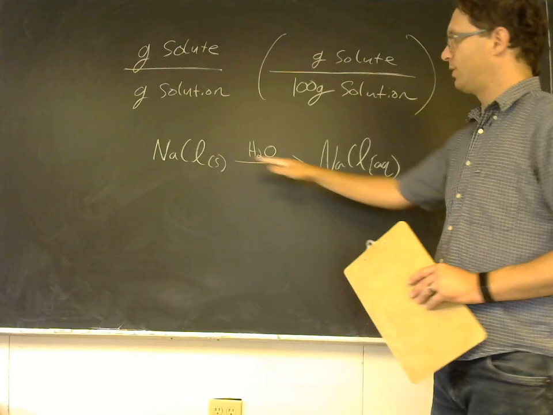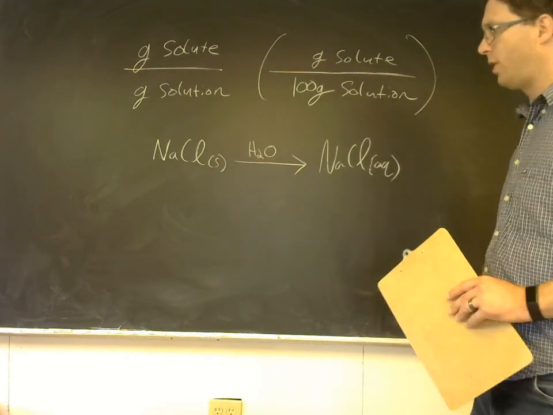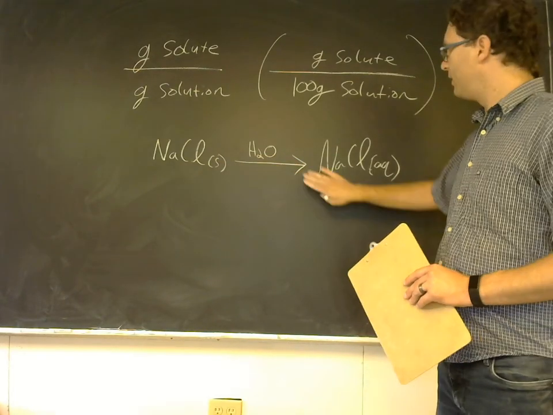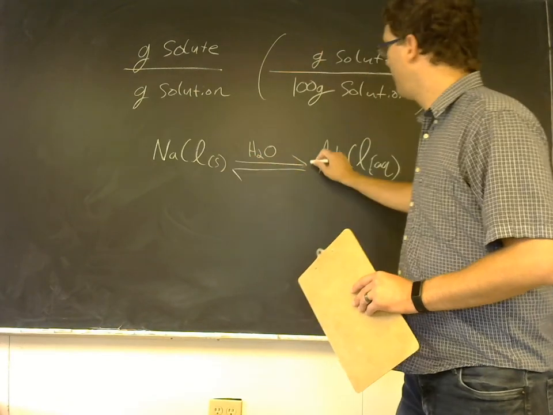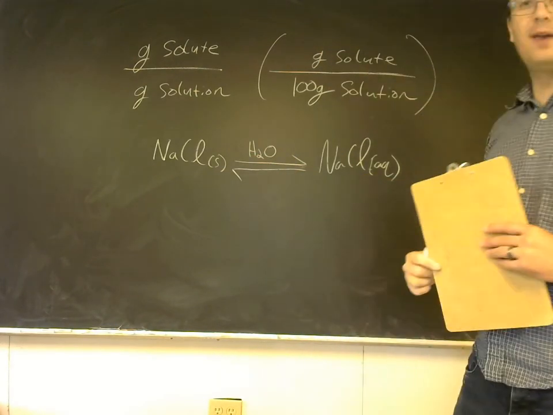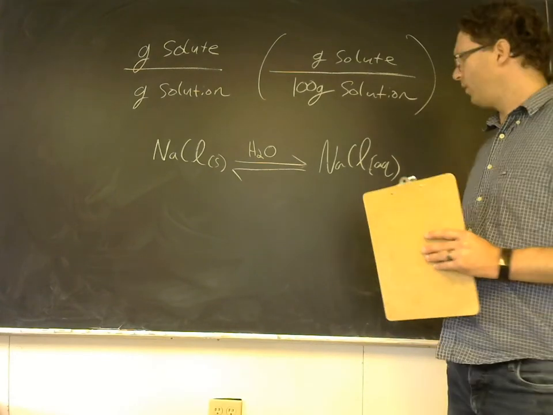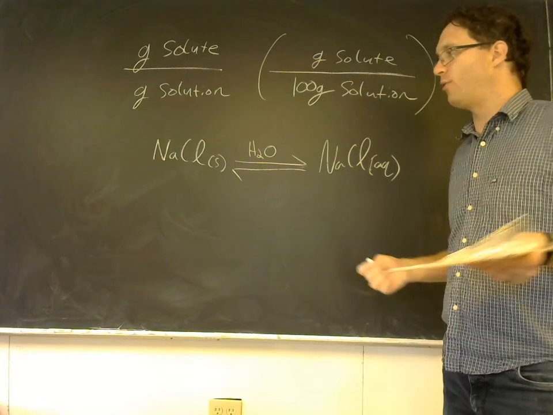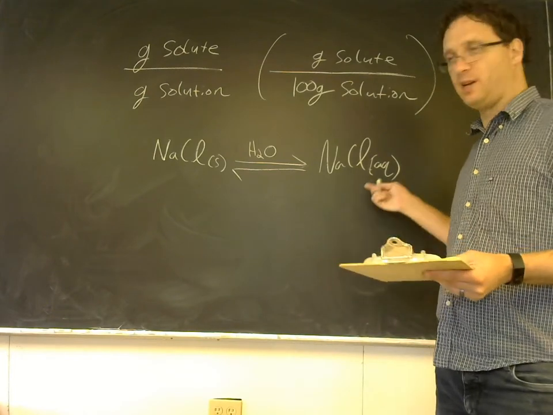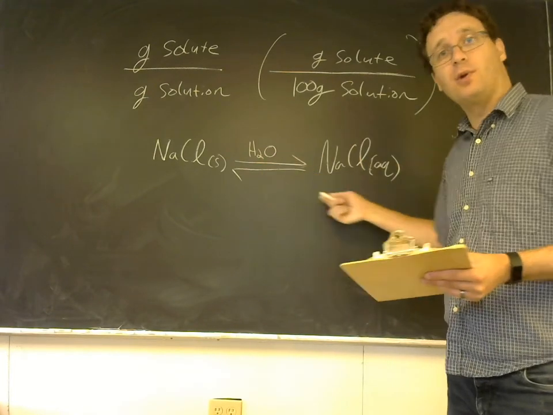Okay, so sodium chloride solid goes to sodium chloride aqueous. Well, this is actually an equilibrium. And so the reason you can only dissolve so much salt before it stops dissolving is because it will eventually reach equilibrium.